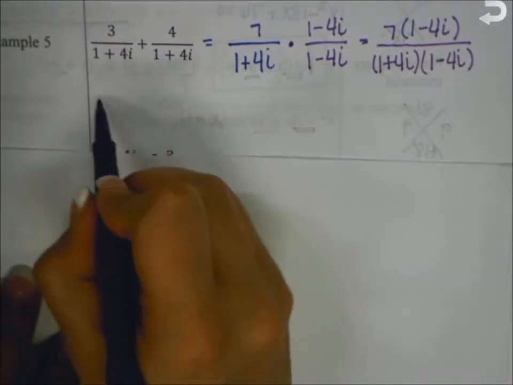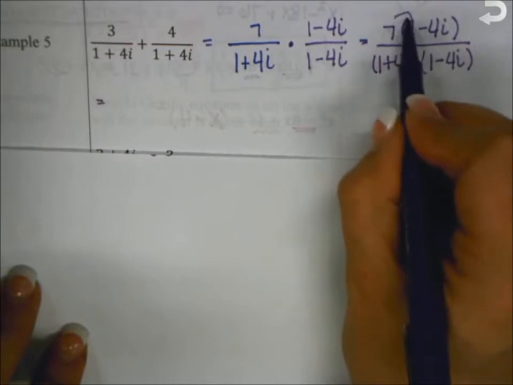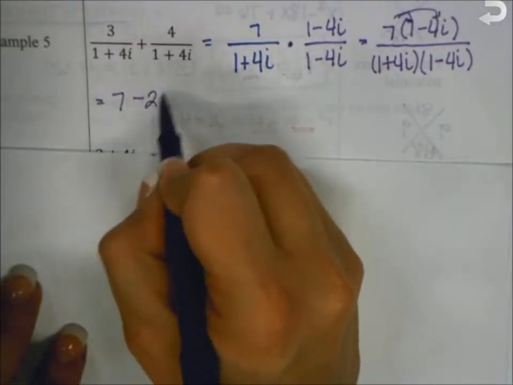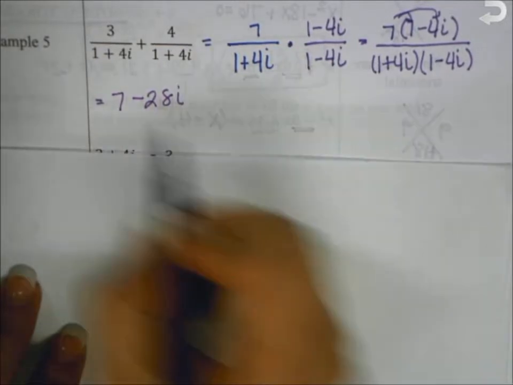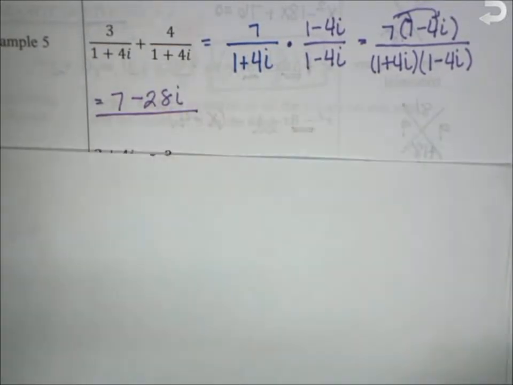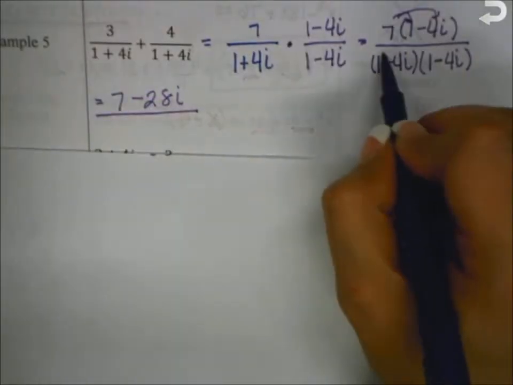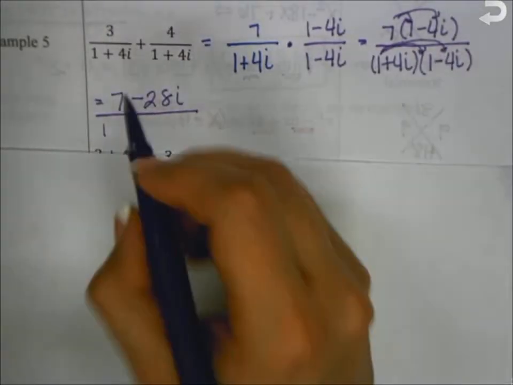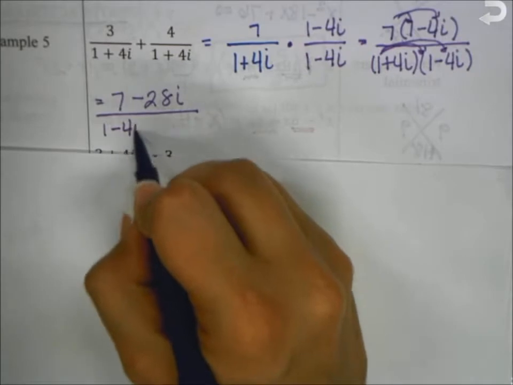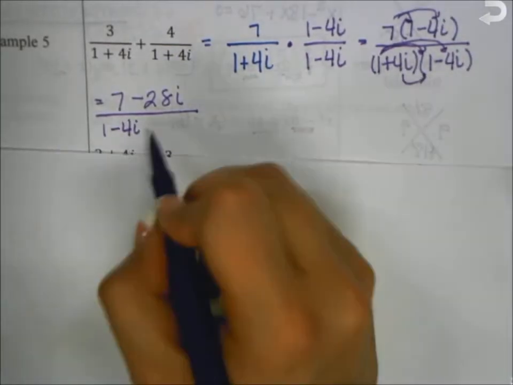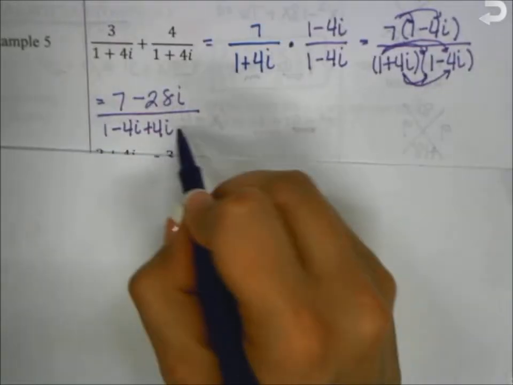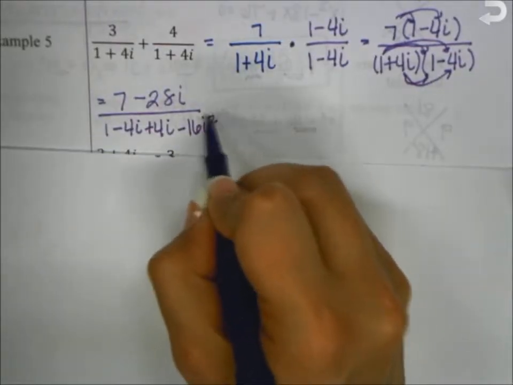We FOIL these things. 1 minus 4i plus 4i minus 16i squared. So the numerator stays the same, 7 minus 28i. These guys are going to cancel, and I'm left with 1 minus 16 i squared.